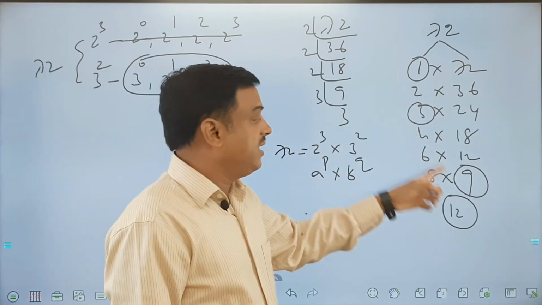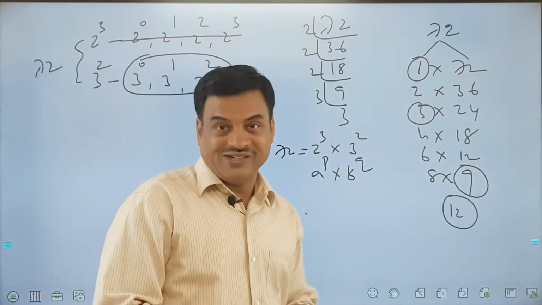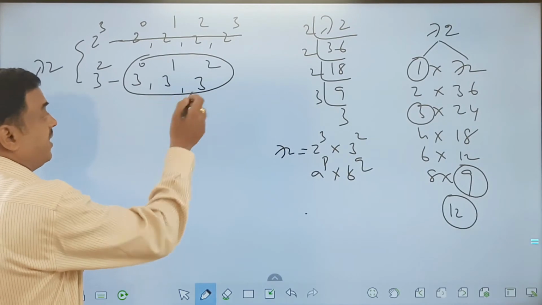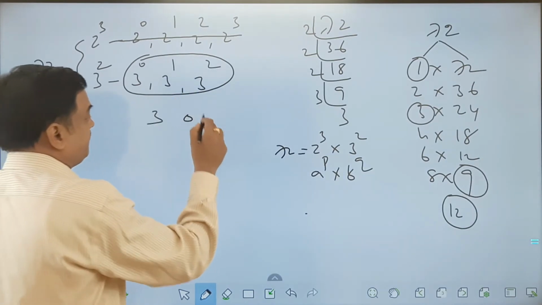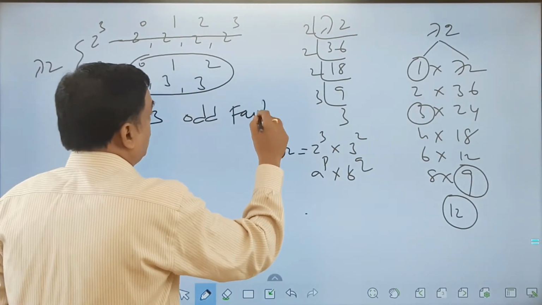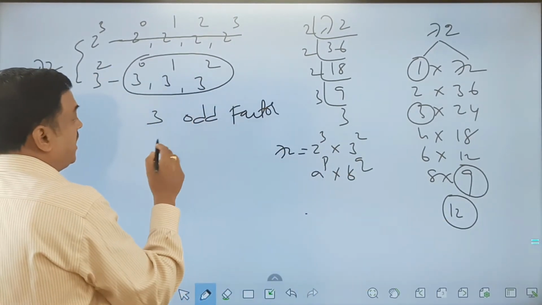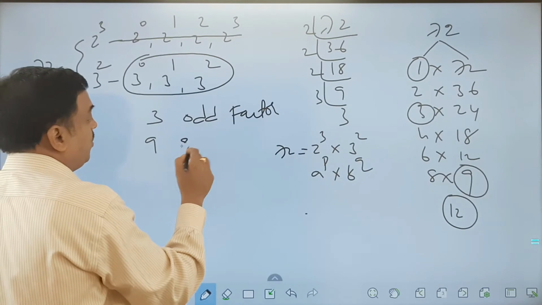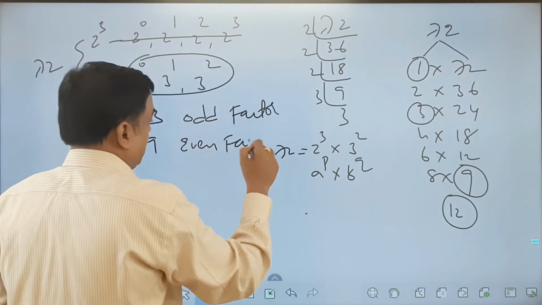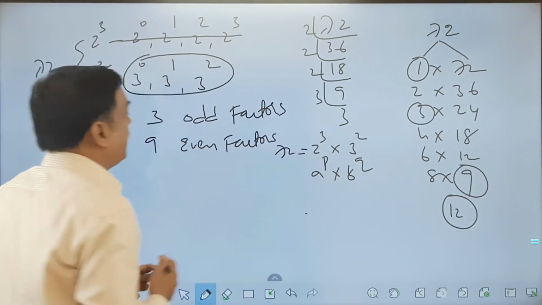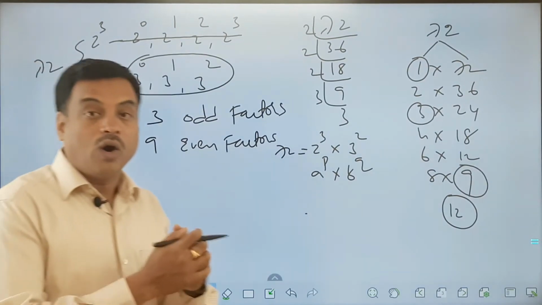You can see 1, 3 and 9 are the only odd factors. So how many odd factors are there, my friend? 3 odd factors. Now out of 12 factors for 72, if 3 of them are odd, definitely the remaining 9 would be even factors. Am I right or wrong? So this is the way to find the number of even factors and odd factors.